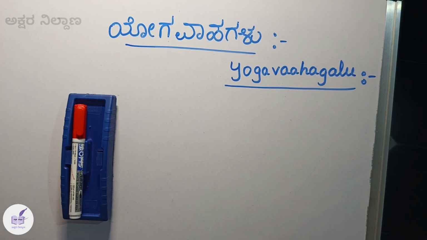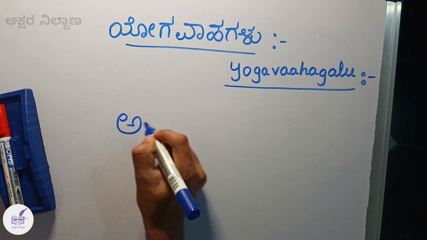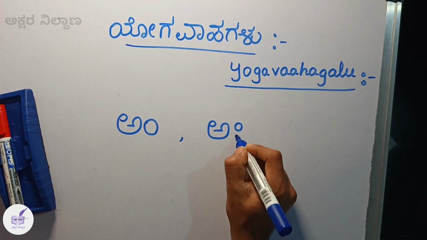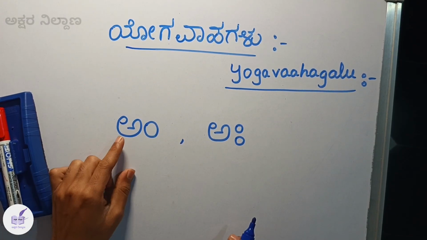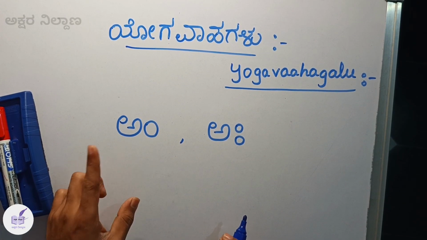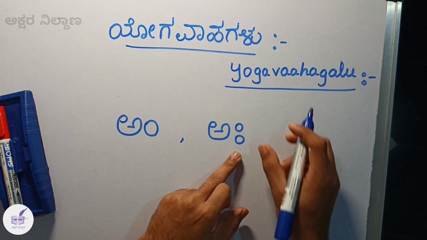There are only two letters in that: Aha. You write the letter A and A, the first letter of the alphabet, and put a single circle on one and a double circle on the other.